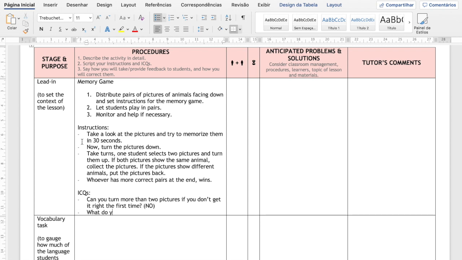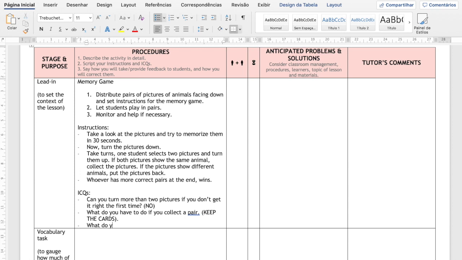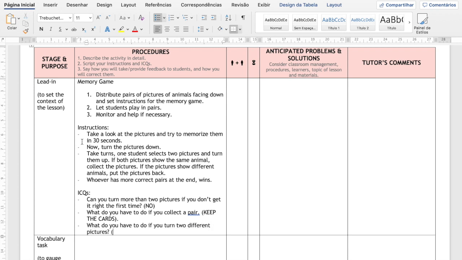No. What do you have to do if you collect a pair? Keep the cards. What do you have to do if you turn two different pictures? Put them back, etc., etc., etc.